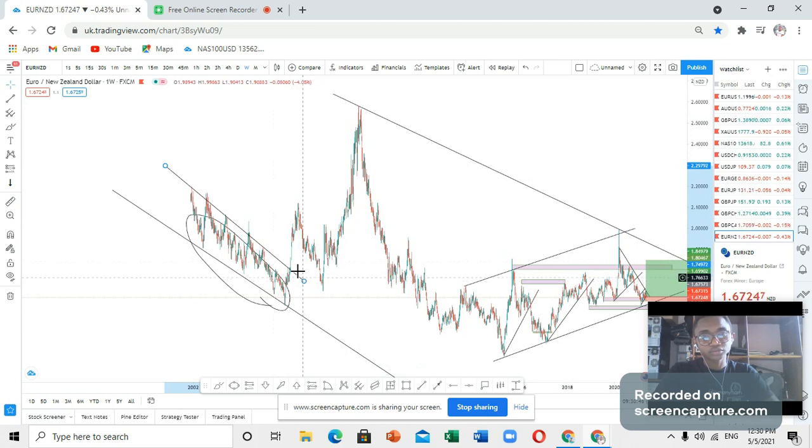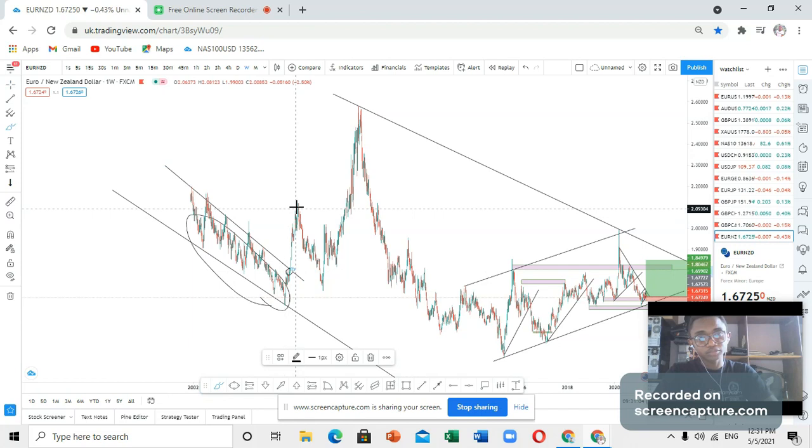So we had a breakout at this position. After this breakout, we had a move to the upside up to this point, and then a move to the downside to this point. You can see that this point has been acting as a point of resistance.